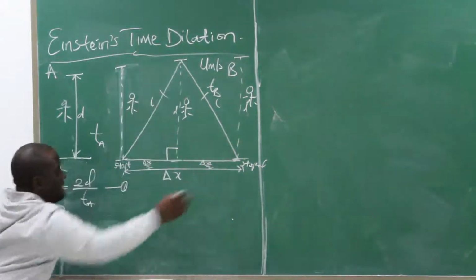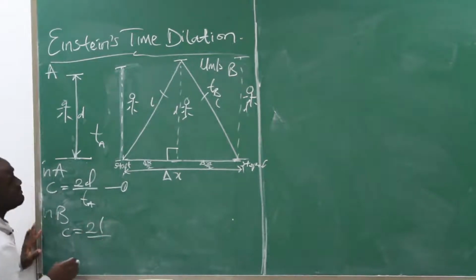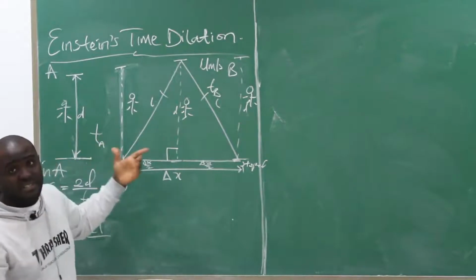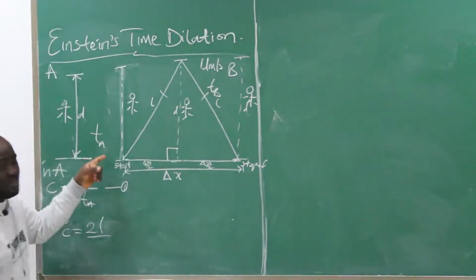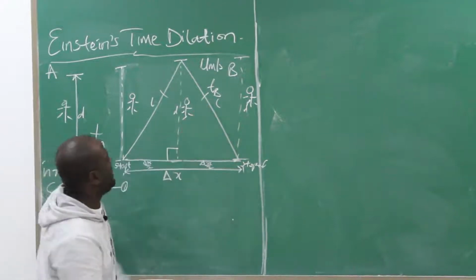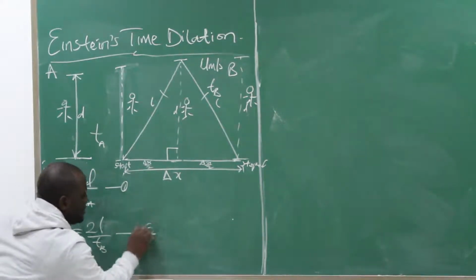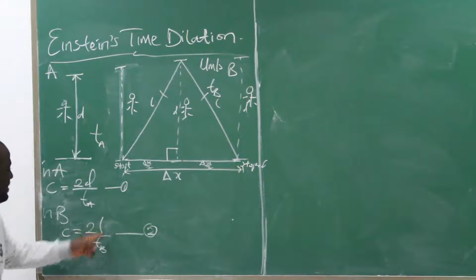That's the distance the light covered as this guy measures it. So it's 2L all over the time he used. For the sake of clarity, let's use two different things to denote the different times. That's why we have TA here and then TB here. So we have TB. Let's call this equation 2. Now, how can we find this L?